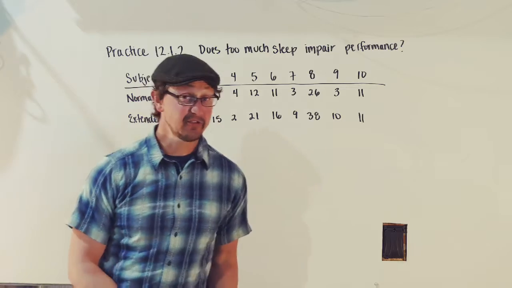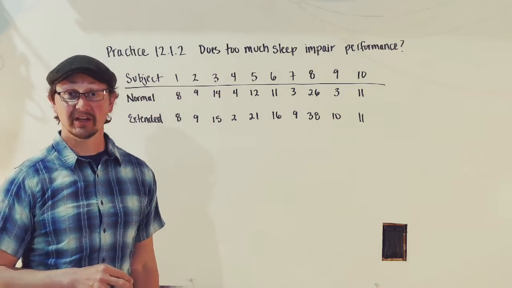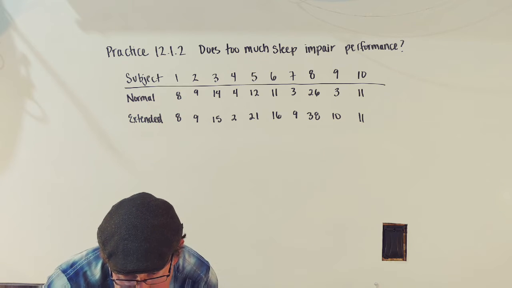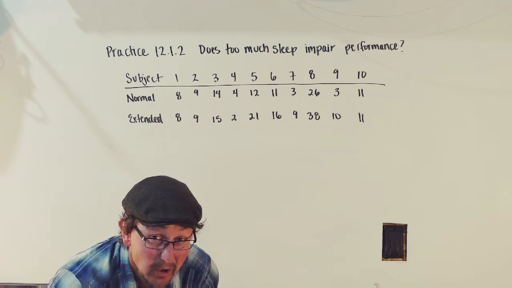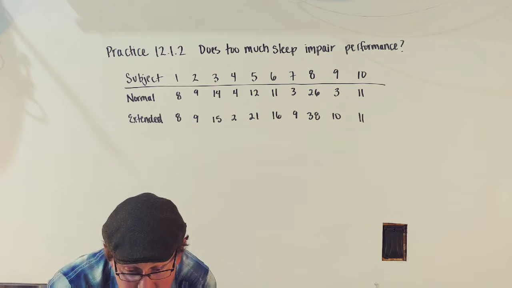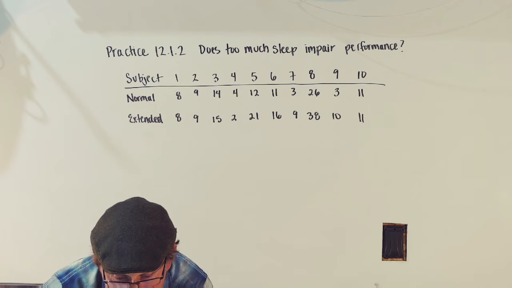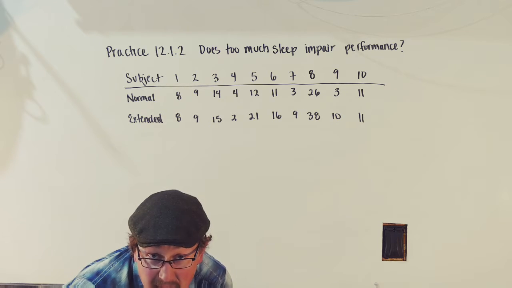Before we start with calculations, I'm going to look at the problem real quick and just speak to the conditions. Too much sleep. All right, so unfortunately, these are volunteers, so not a simple random sample. And it says nothing about reaction time being normally distributed.